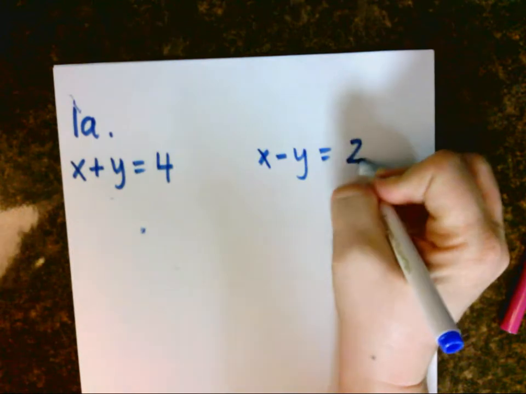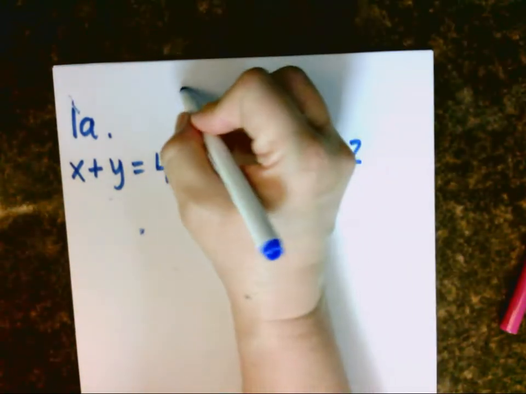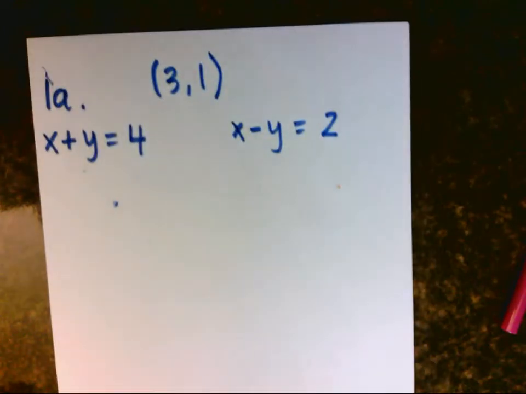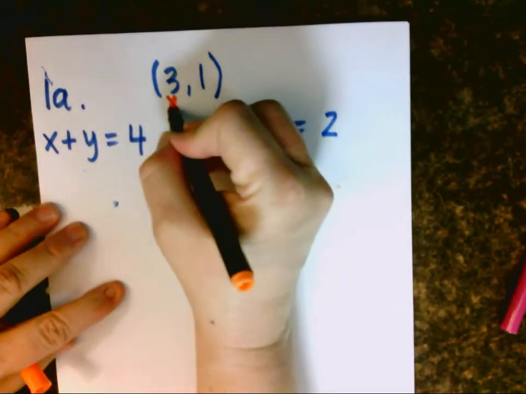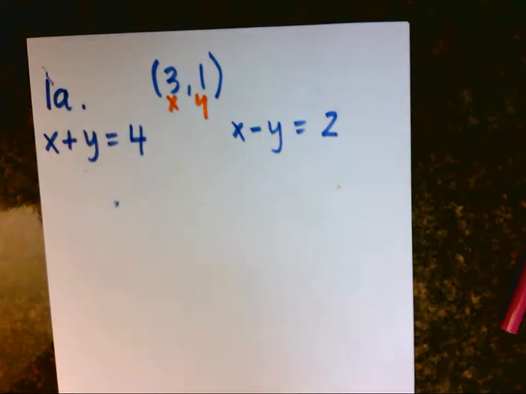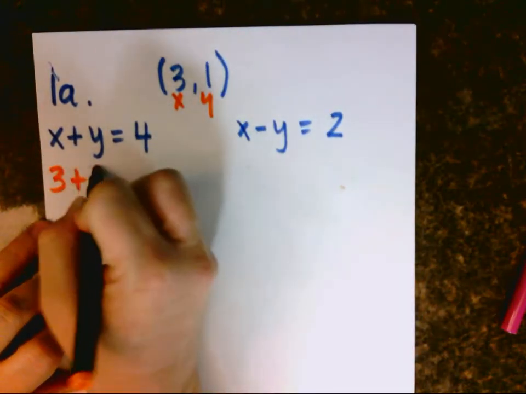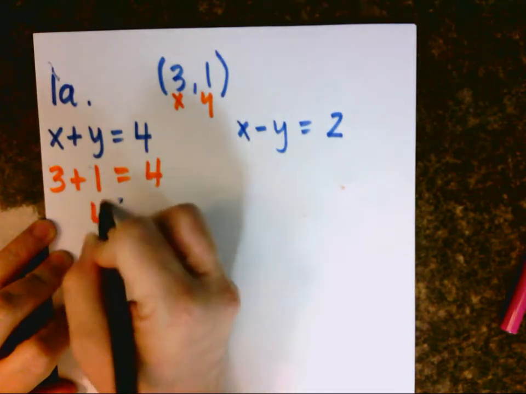And here's the other line. And they want to know if the point (3, 1) is a solution. Now remember that a solution means that that is the intersection point. If it is the intersection point, then this xy could be plugged into both of these and it would satisfy those equations. So let's put 3 in for x and 1 in for y, and we get 4 equals 4.